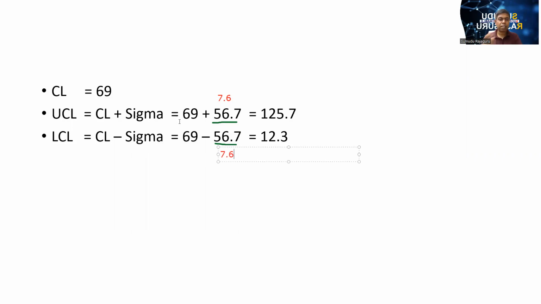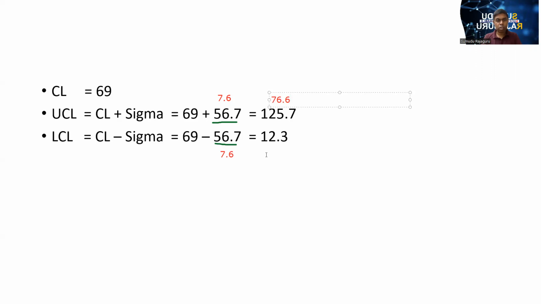Based on that, the center line is 69. Upper control limit is center line plus sigma. Center line is 69, sigma is 7.6. What is the answer when we add 69 plus 7.6? 76.6. The upper control limit is 76.6.